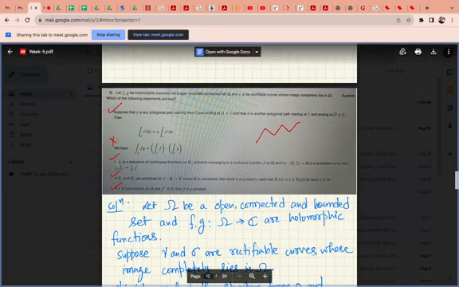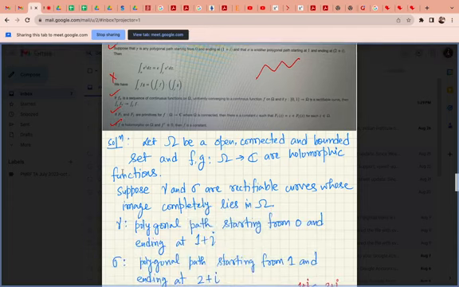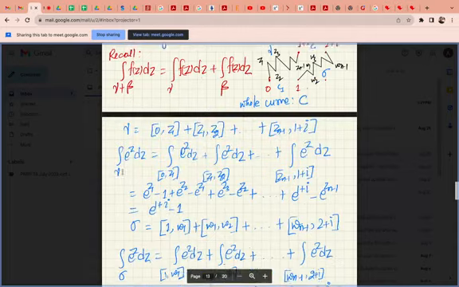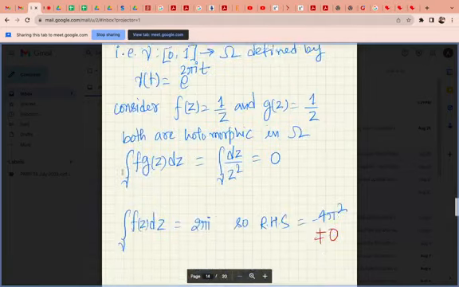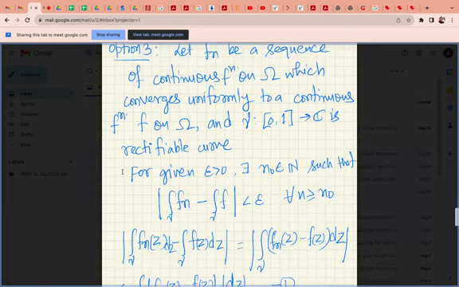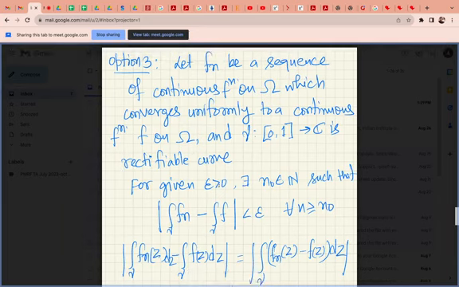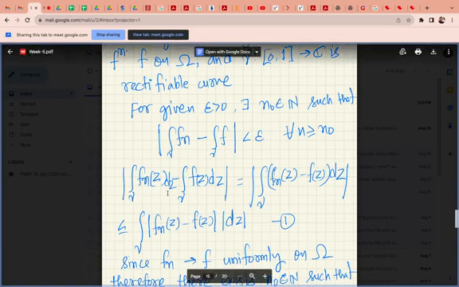Yes, the next option: if fn is a sequence of continuous functions on omega which converges uniformly to a continuous function f on omega, and gamma is a rectifiable curve, then this happens. We just have to use the definition. So for a given epsilon greater than 0, there exists n naught in N such that the modulus of the integral of fn over gamma minus the integral of f over gamma is less than epsilon for every n greater than or equal to n naught.